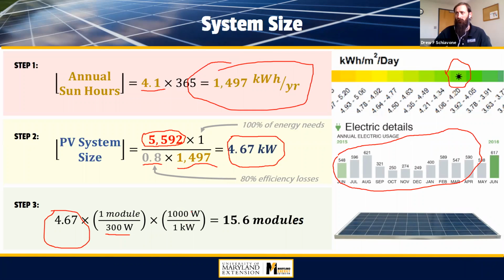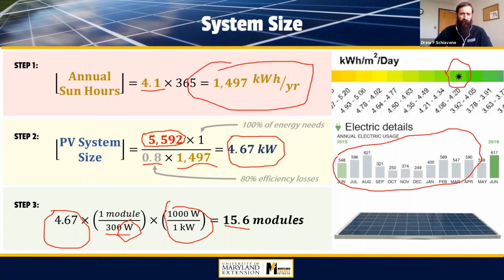You do have to look at what the panel is in. The panel is in watts, so we have to convert watts to kilowatts. If you crunch those numbers, you'll need 15.6 modules to supply that energy. Of course, you can't have 0.6 modules. So if you want to make sure that you meet all of that energy demand, you'd round up to 16.